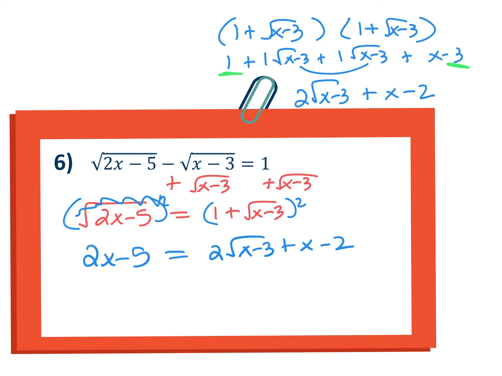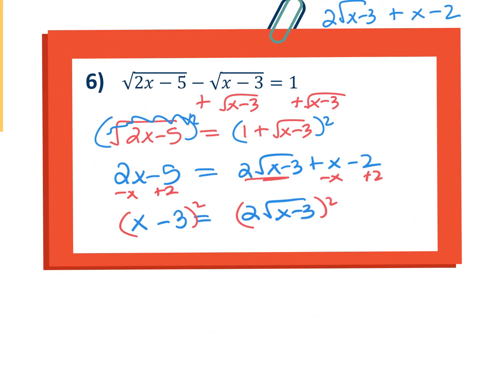Again, I need to isolate this radical. So I'm going to move this over and this over. So now I'm left with x minus 3 equals 2 times the square root of x minus 3. I'm squaring both sides.